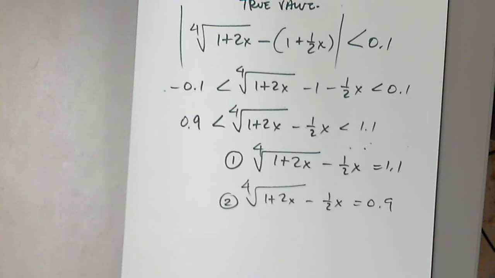Okay, so let's put this in the graphing calculator. So clear. I'm going to put only one function, or we can put two functions. It doesn't matter. Okay, so we have 1 plus 2x, close the parenthesis, caret, and you know me, I don't like those fourth root, and then minus 0.5x.